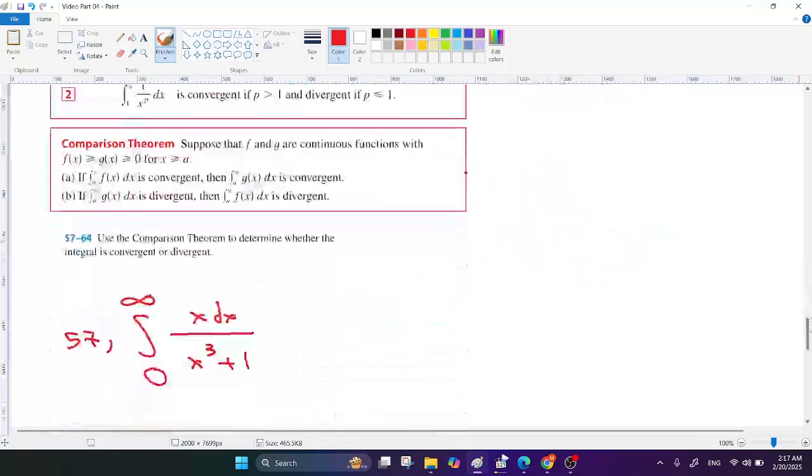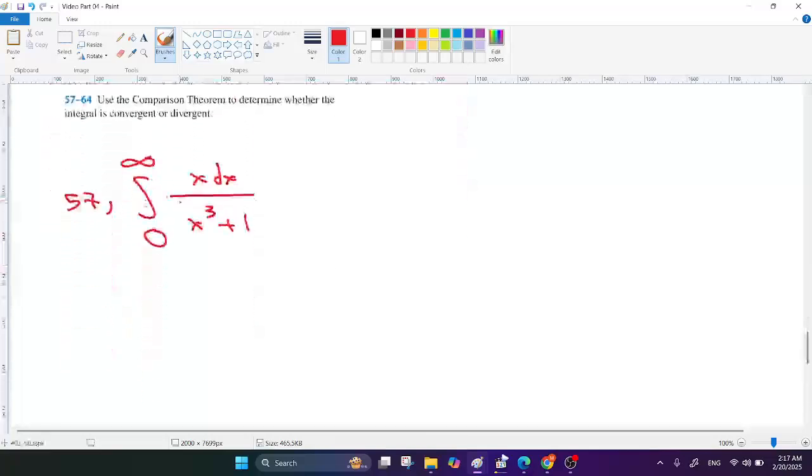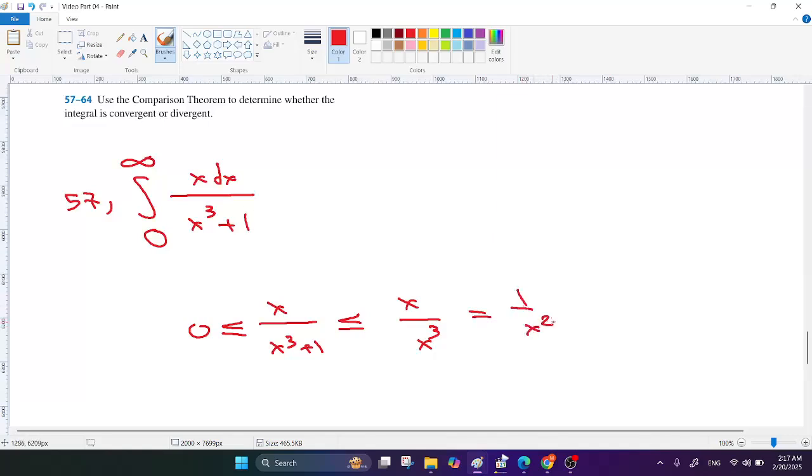Now the next problem. Use convergence theorem to determine whether the integral is convergent or divergent. And that's very nice. Let's solve it. Like this, x over x cubed plus 1 is greater than or equal to 0, is less than or equal to x over x cubed equals 1 over x squared.